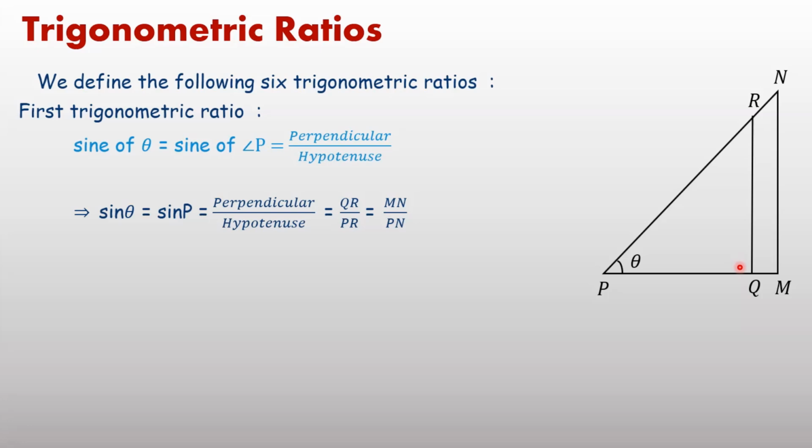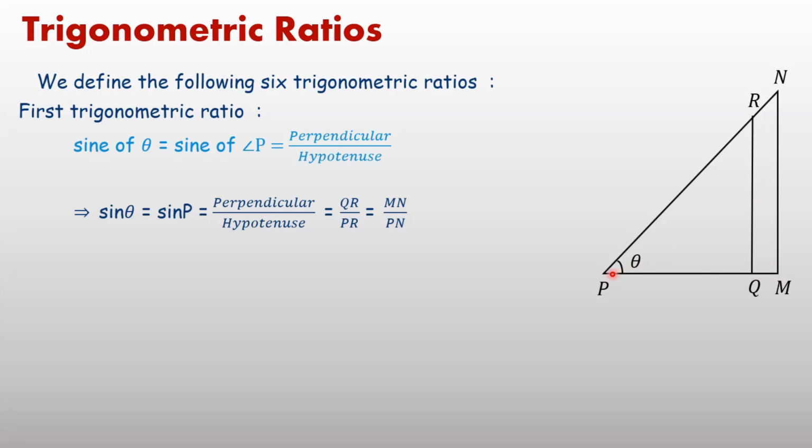Here angle Q is 90 degrees, and the side opposite to 90 degrees is known as the hypotenuse in a right angle triangle. Therefore, in triangle PQR, PR is the hypotenuse, or in triangle PMN, PN is the hypotenuse.